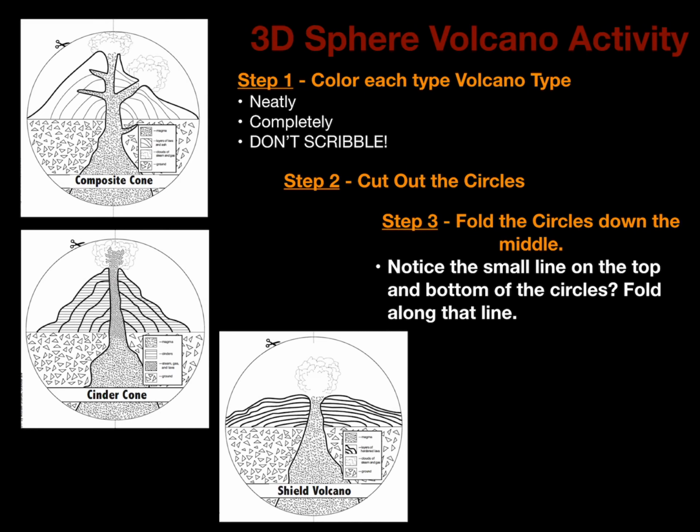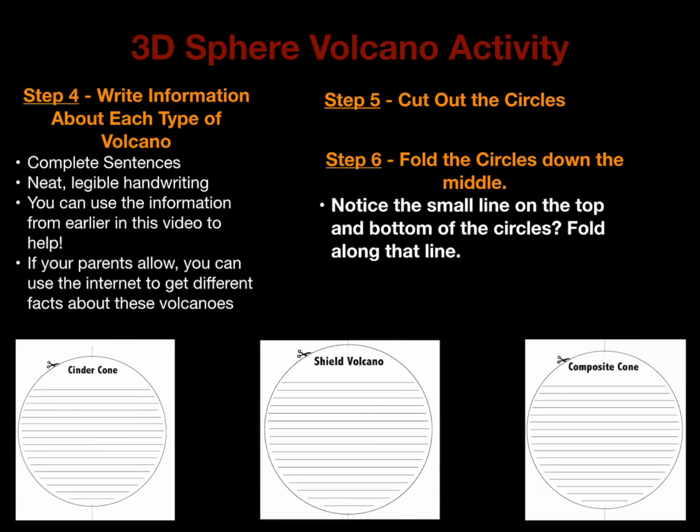Even before you cut, you can see on the top of each picture and at the bottom of each picture, there's a little line. You're going to fold it lengthways down the middle that direction. So when you fold it, you're just going to fold right around that line that's at the top and at the bottom for each one of these 3.